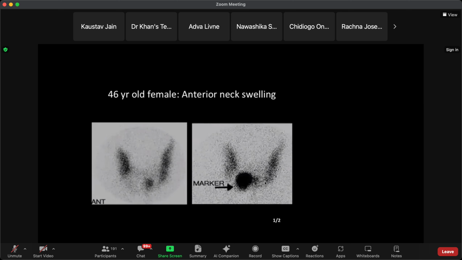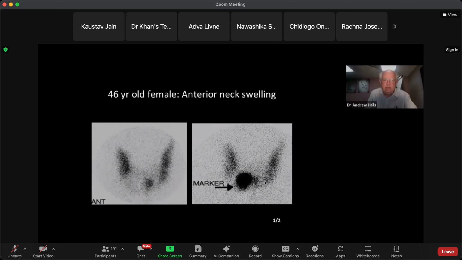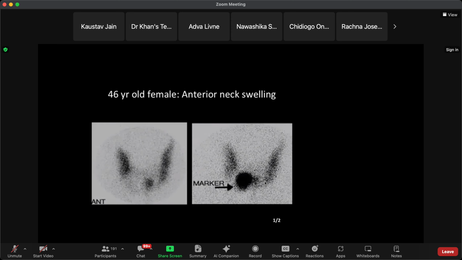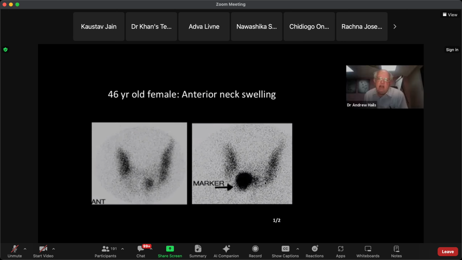Now, I would like to ask somebody about this. So this is a 46-year-old female with an anterior neck swelling. What can you tell from this scan about this patient's neck swelling?